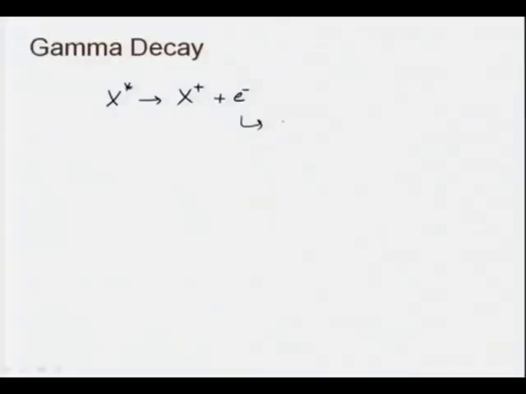So, e minus is an atomic electron, and the atom becomes a positive ion. So, let me just denote it by plus X plus, just to remind you that it is an atomic electron which is going away from that. This process is called internal conversion.